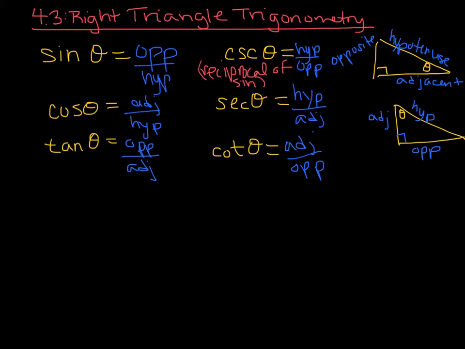And same thing, the secant is the reciprocal of the cosine. And the cotangent is the reciprocal of the tangent. And you can see that based on their definitions here, but like I said, if you just remember what they're the reciprocal of, that'll be a lot easier than memorizing further definitions.